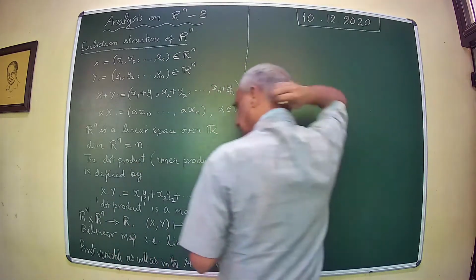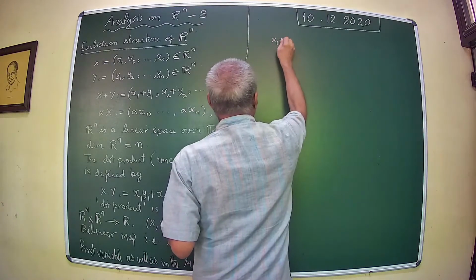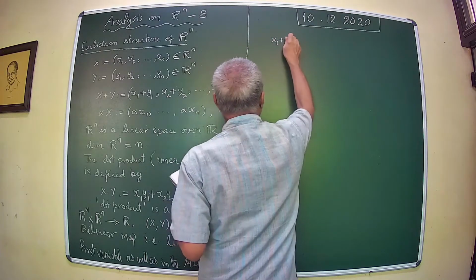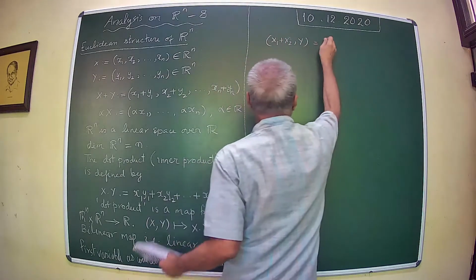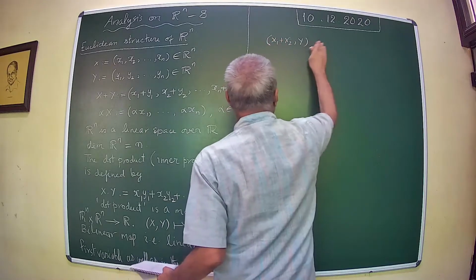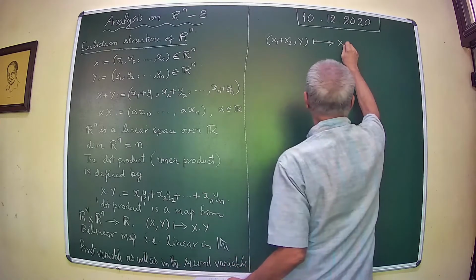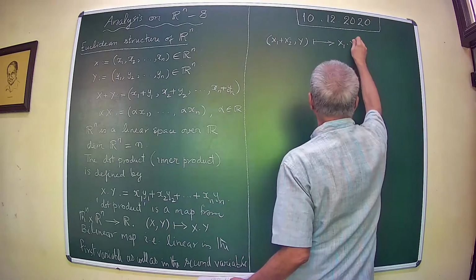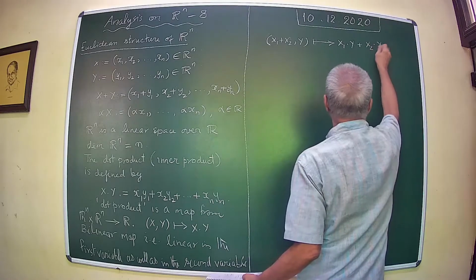That means x1 plus x2 is mapped to x1 dot y plus x2 dot y.